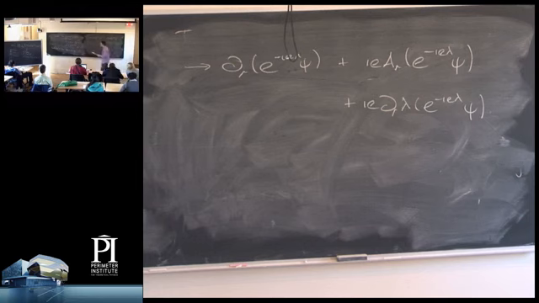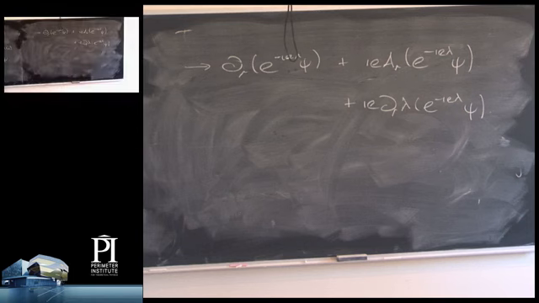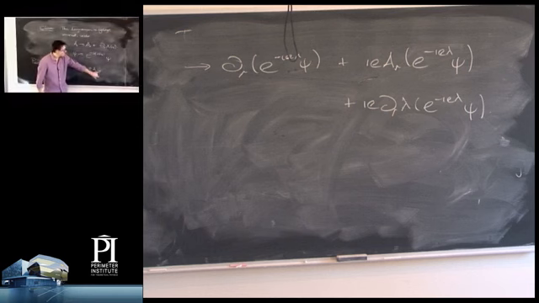So you get three terms. The first term is from psi transforming in this way. The second term is from psi transforming in this equation. And the third term is from A mu transforming in this equation.